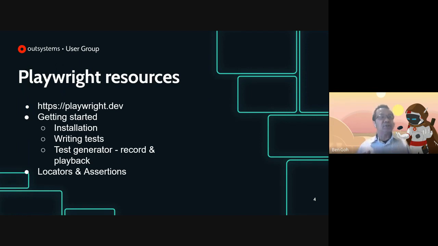It includes installation, how you install Playwright, and a brief introduction on how you write a test. It tells you about the test generator, which is record and playback, and it also lists locators and assertions.